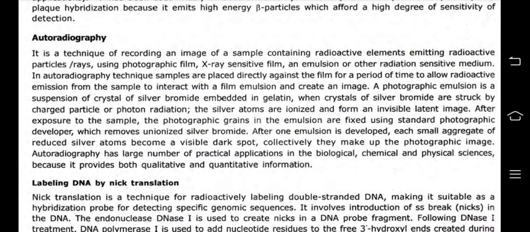After the emulsion is developed, each small aggregate of reduced silver atoms becomes a visible dark spot. Collectively, they make up the photographic image. Autoradiography has a large number of practical applications in the biological, chemical, and physical sciences because it provides both qualitative and quantitative information.